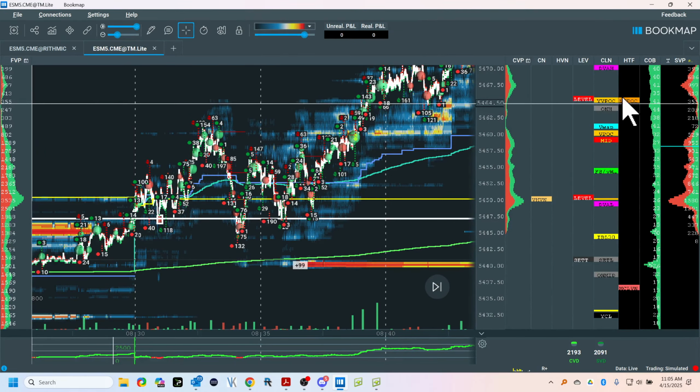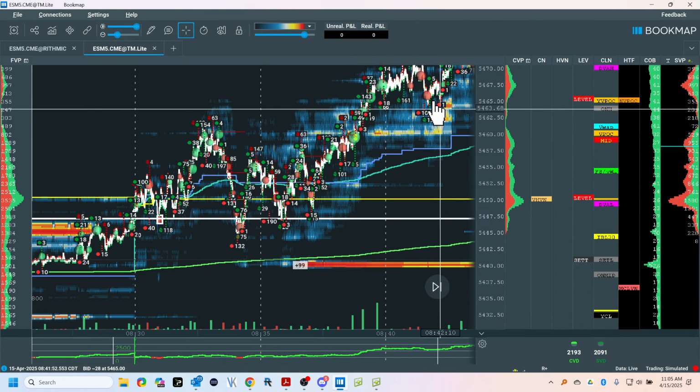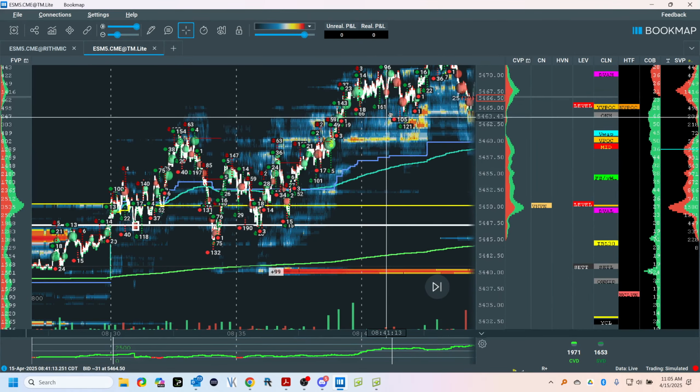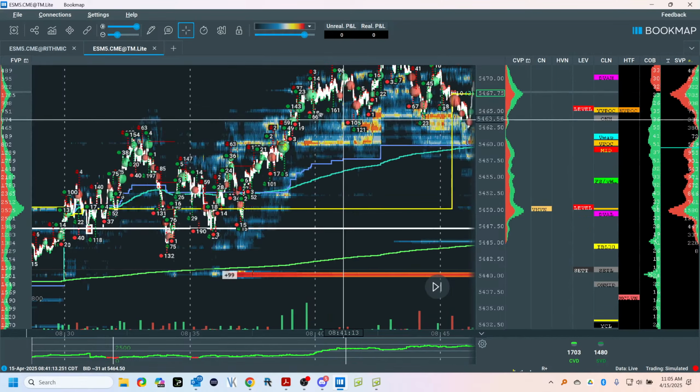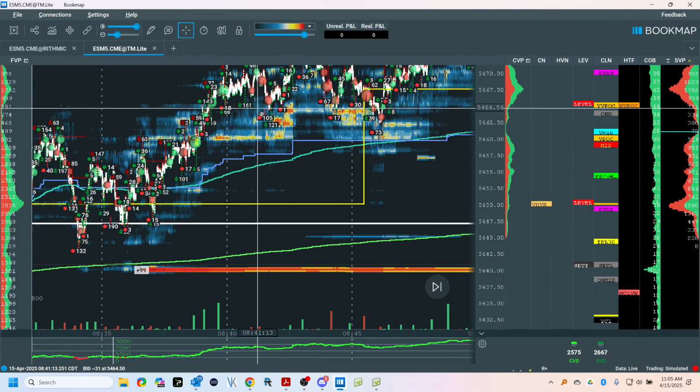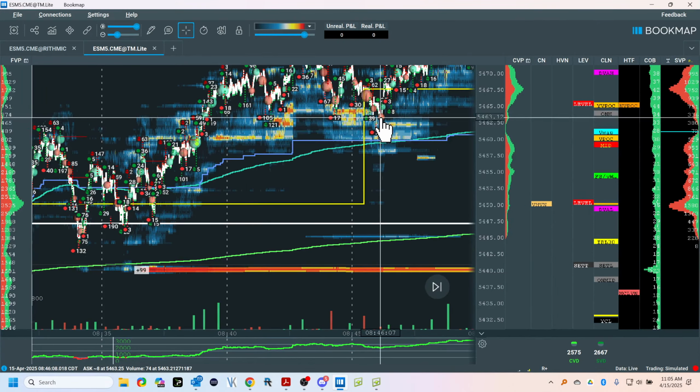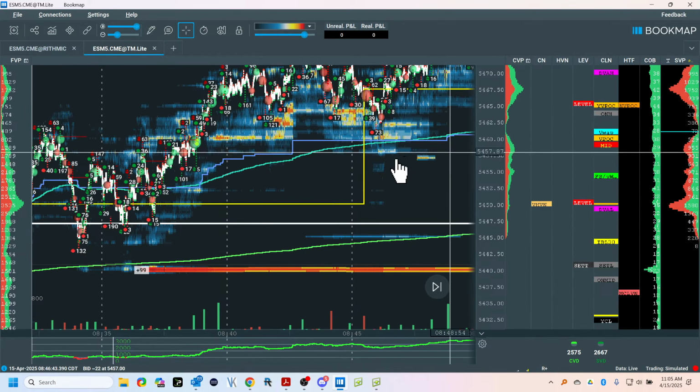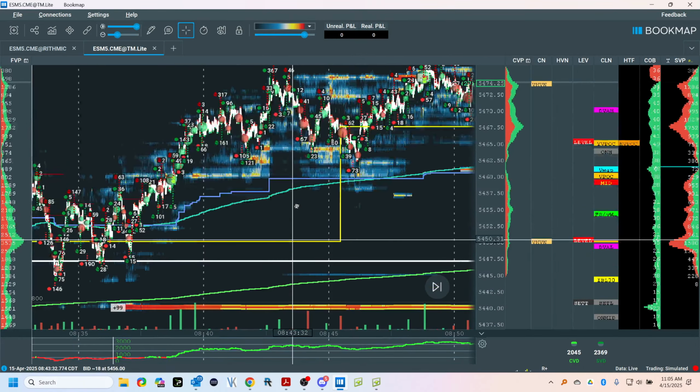If I pull back to it from above, and this is an outside edge, just something to think about. Watch. This is actually mean reversion, outside edge. Watch.